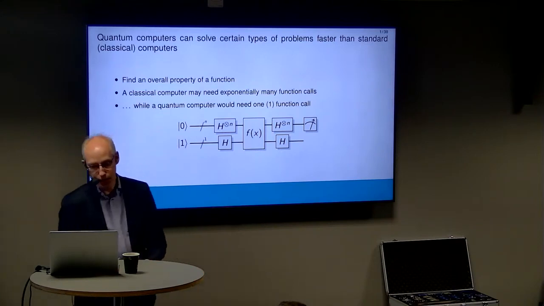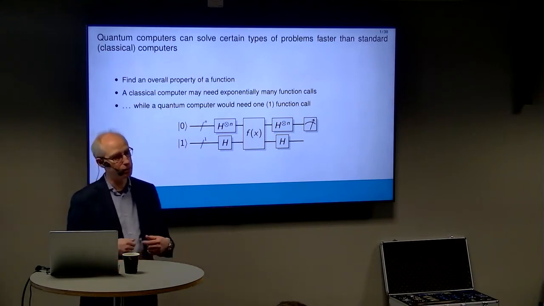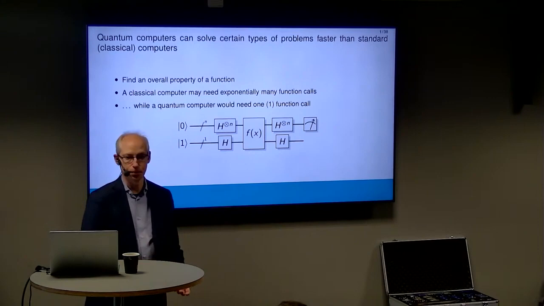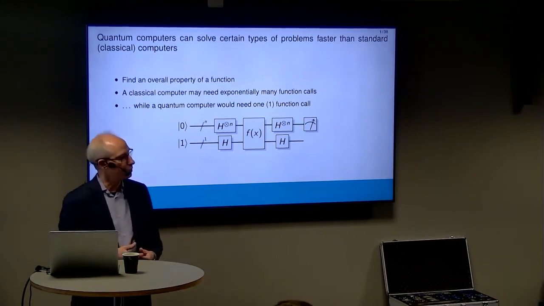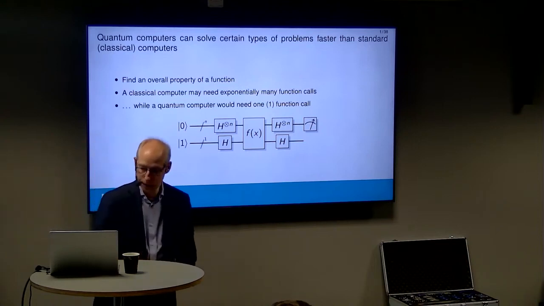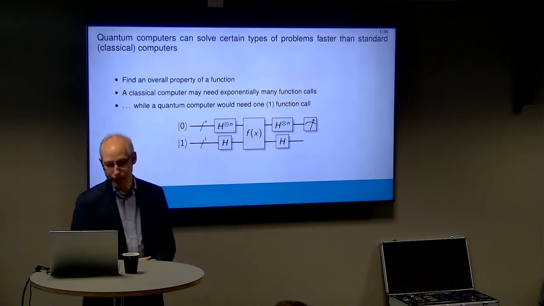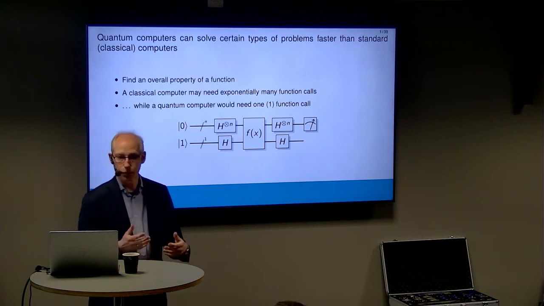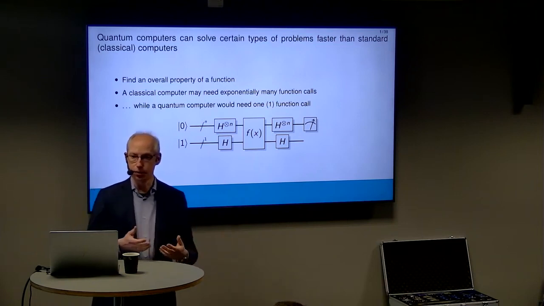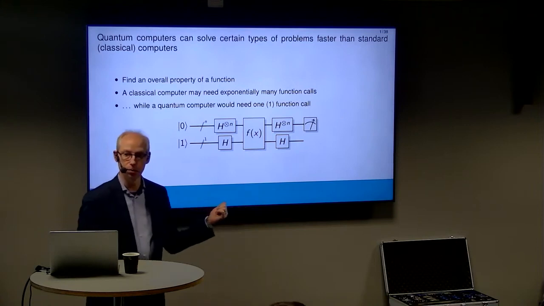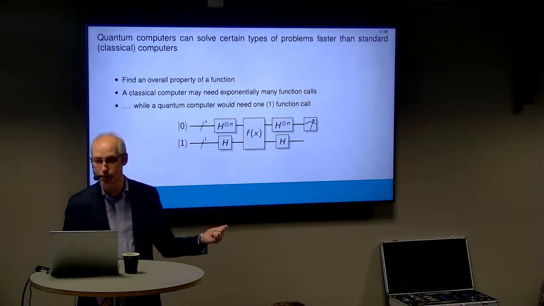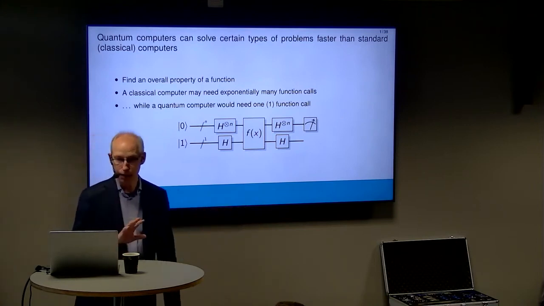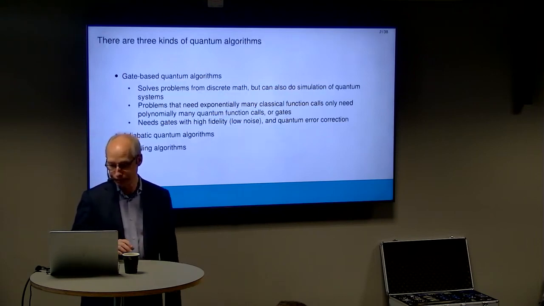And to do that in a classical machine, you might need to do very many function calls to the function to sort of derive the overall property that you're after. A quantum computer might need just one function call to do this. So you sort of extract the information from the function much faster than you can extract it from a classical machine. And I'll explain more what's going on here.